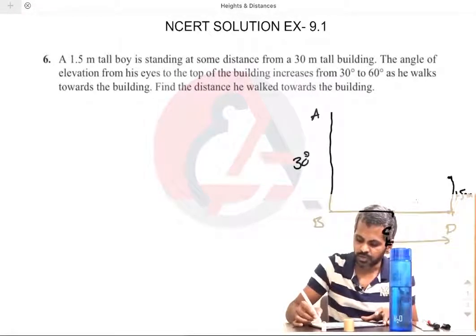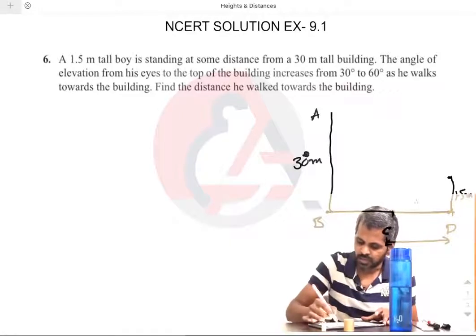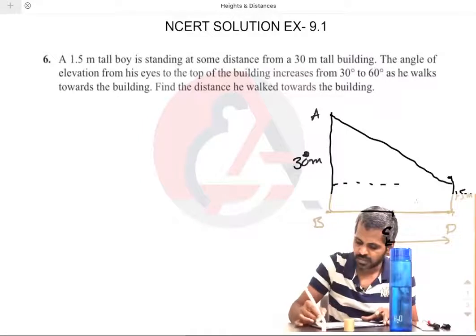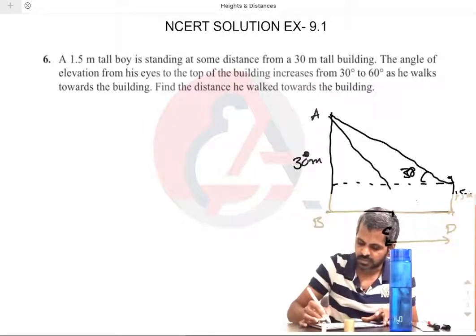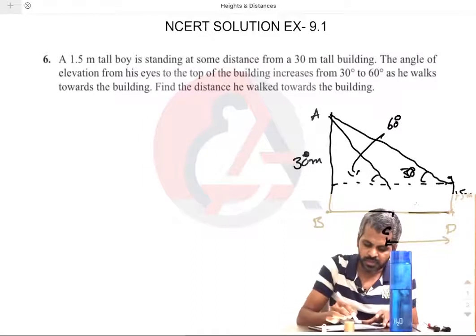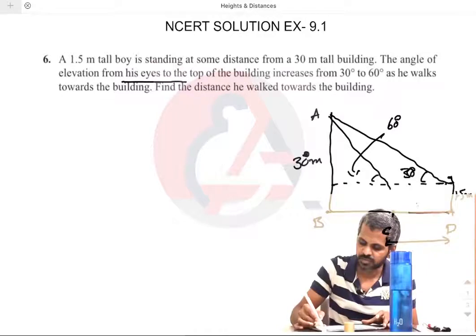The height of the boy is 1.5 meter, the height of the building AB is 30 meter. When he is observing from D, the angle of elevation is 30 degrees, and when he walked towards the building, the angle of elevation is 60 degrees. The angle of elevation is with respect to the eyes of the boy. That's the reason we are taking the angle of elevation from the top of the boy.